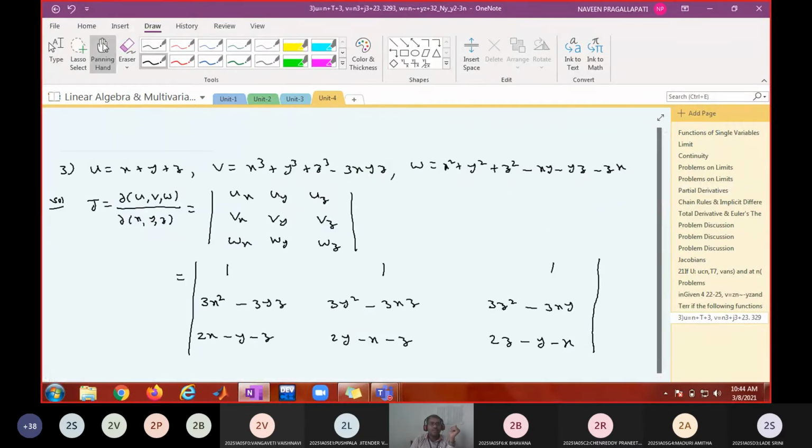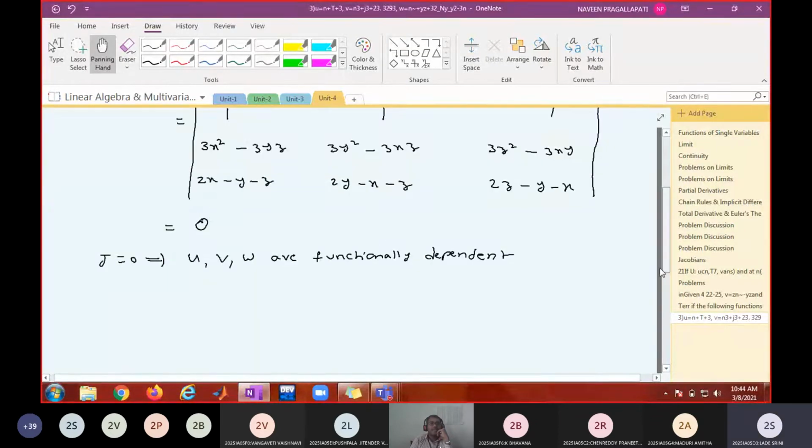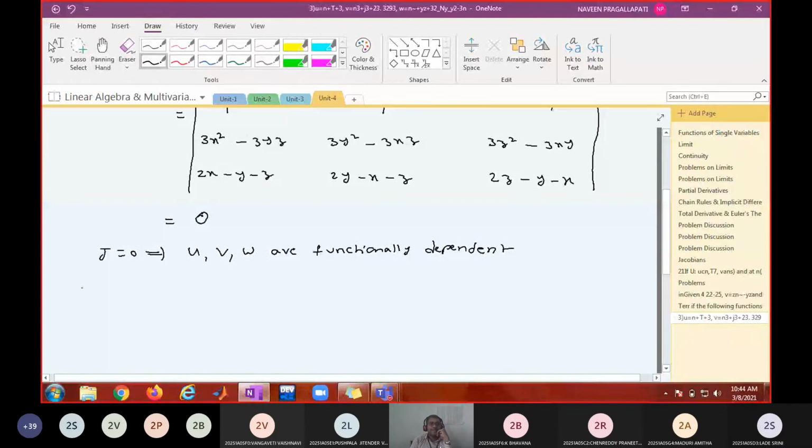Observe u, v, w. u into w is equal to v. So write down the functional relation: v equals u into w.